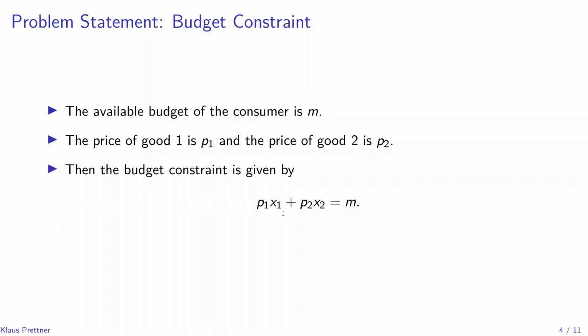So the price of good 1 times the amount of good 1 consumed plus the price of good 2 times the amount of good 2 consumed must be equal to the money that is available. In general, this would hold with a less than or equal sign, but in our case where the utility function has positive marginal utility, we will never leave any money on the table, so we will always consume at the point where we exhaust all the available money.